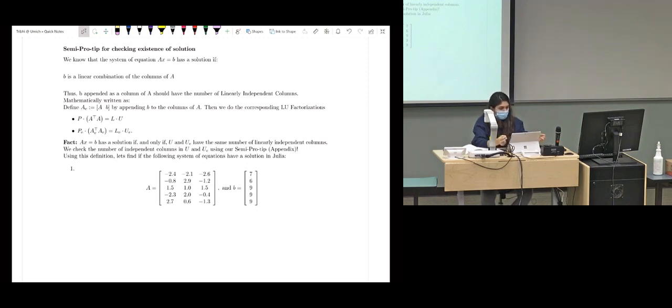To see if B can indeed be written as a linear combination of A, we can check if the number of linearly independent columns in A and in the appended matrix [A B] is the same. That means that B is a linear combination of the columns of A.